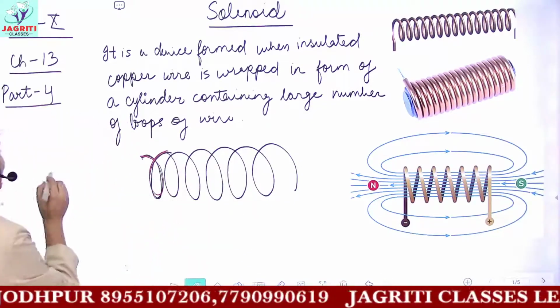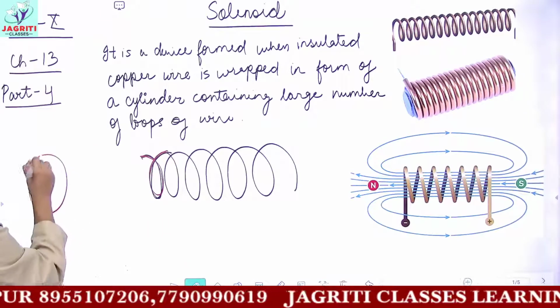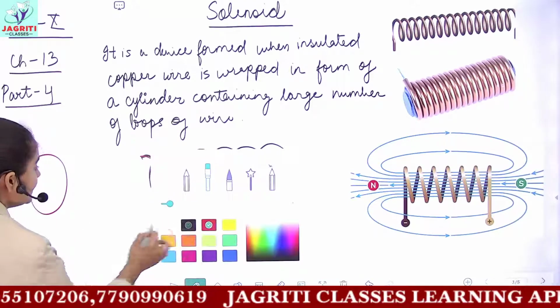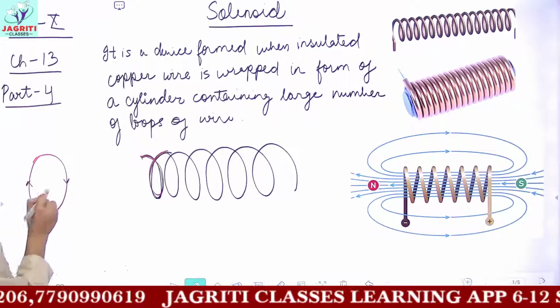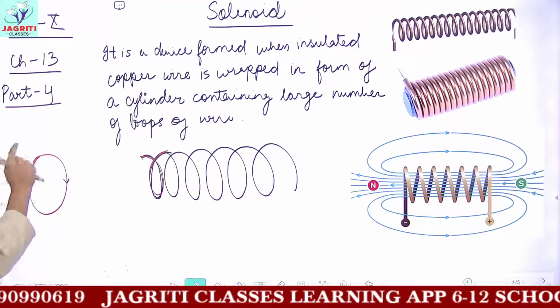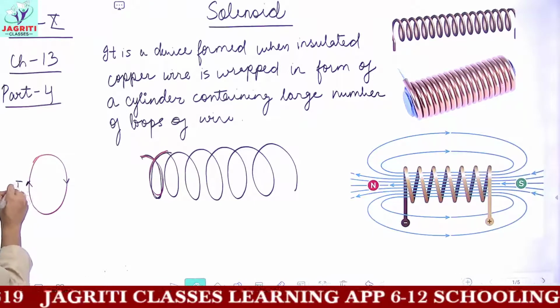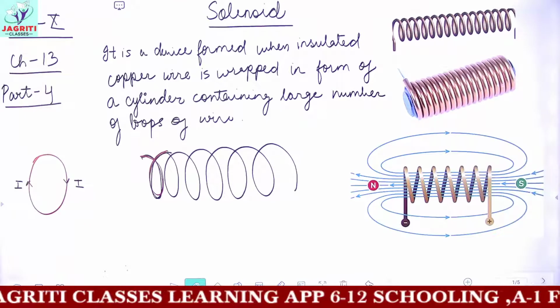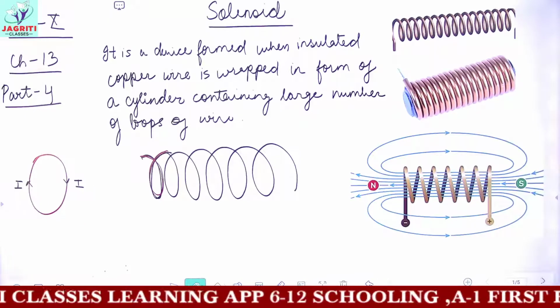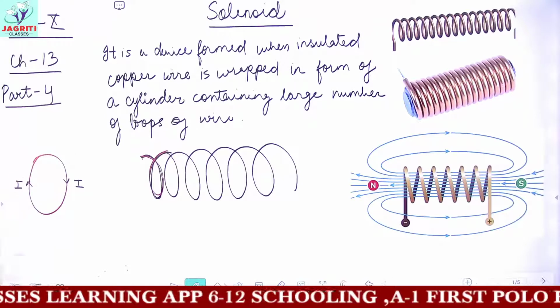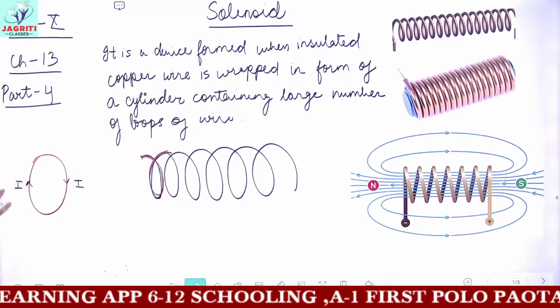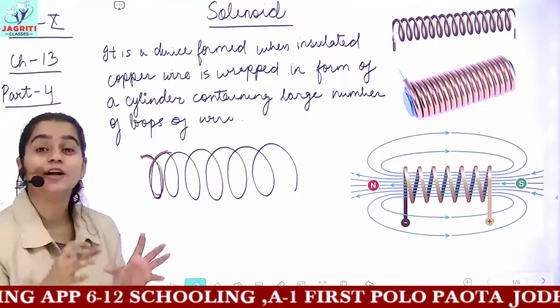When we revise, in a circular loop you have a different direction of current at each and every point. If this shows you the direction of current, then using the right hand thumb rule or Maxwell's right hand rule, you can say what would be the direction of magnetic field through this circular loop.